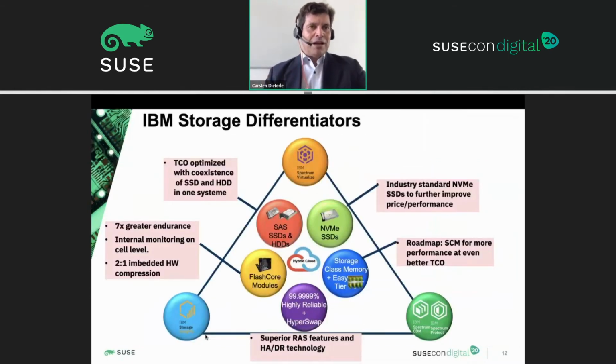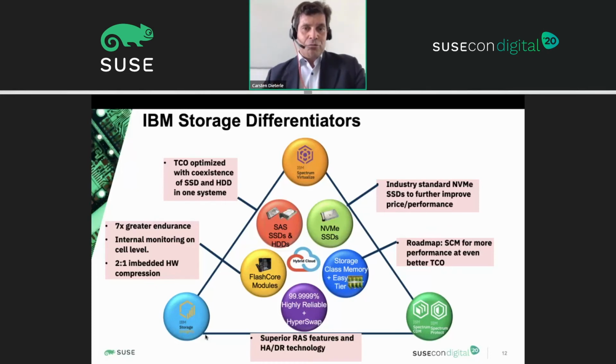Even when we think about the differentiations, we have different models where we see a combination of SSDs and HDDs. That means these are TCO optimized systems. On the other side you see only NVMe or SSD systems, where we have the best performance.